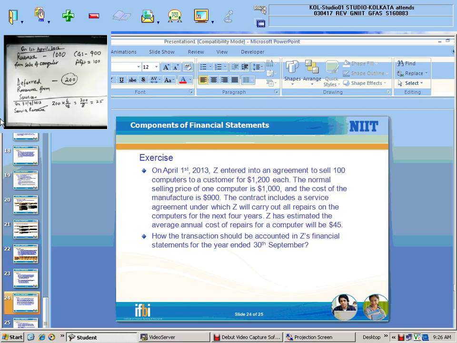So 200 into 6 by 48, that is 25, is the revenue earned from services. This is the position as on 30th September 2013, and the remaining 175 is still a deferred revenue.